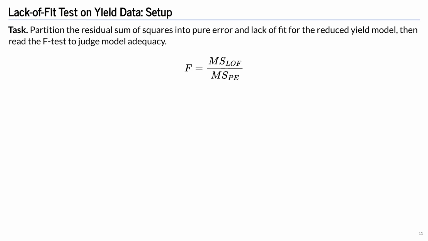The residual sum of squares from the fitted model will be split into its pure error and lack of fit components. We then form the F ratio and compare it to the appropriate critical value to decide whether the model form is adequate.